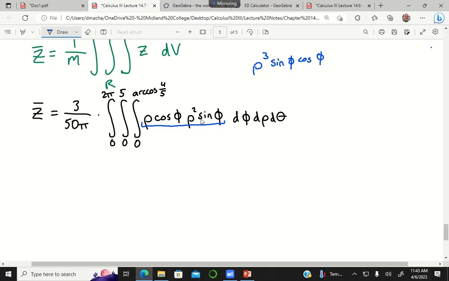I'm going to make a u substitution where u is sine phi, and that way du can be cosine phi d phi. Let's see how this turns out after that u substitution.